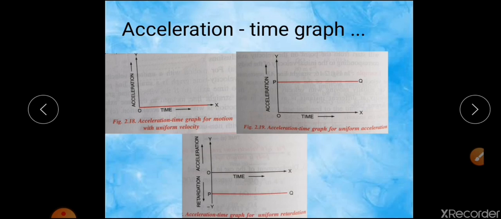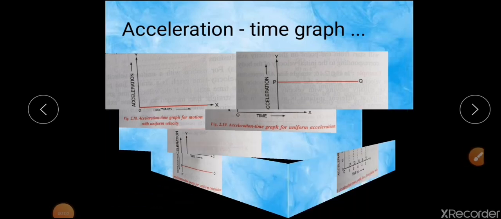In that case also you will get an acceleration time graph. It can be a curve of any shape, depending upon the irregularity. The graph for irregular change in velocity can be a curve of any shape depending upon the situation. This is all about the acceleration time graph.